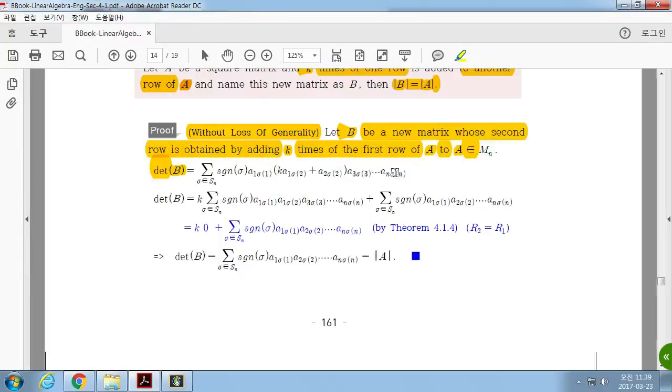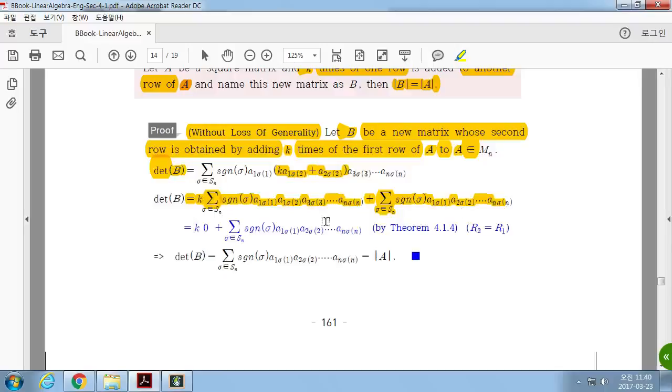From the definition of determinant, everything comes from A, but in the second row you have this instead of just a 2 sigma of 2, because you added k times the first row to it. We can rewrite this because all these are scalars. You can split it into 2 parts and factor out k like this.